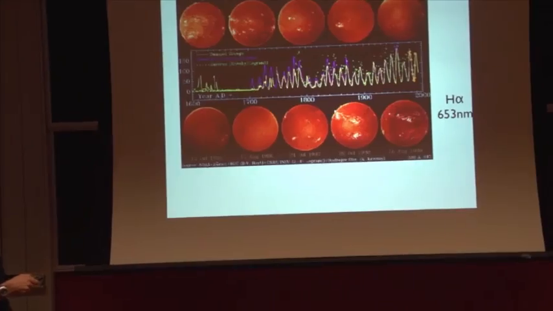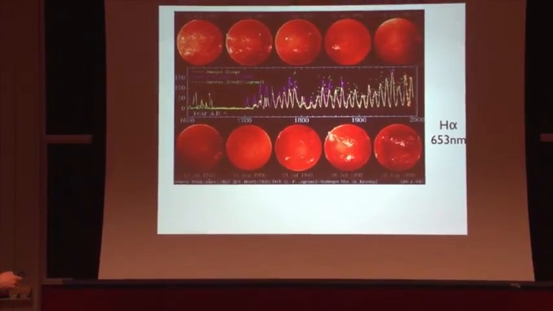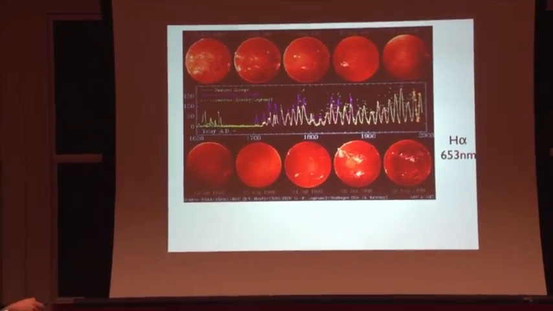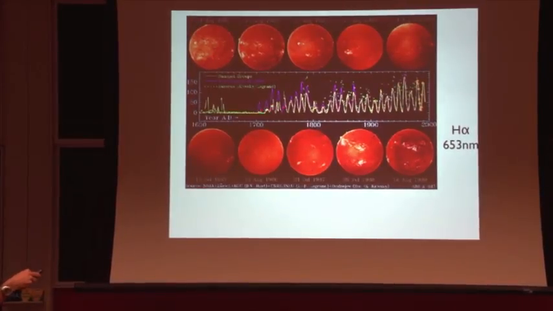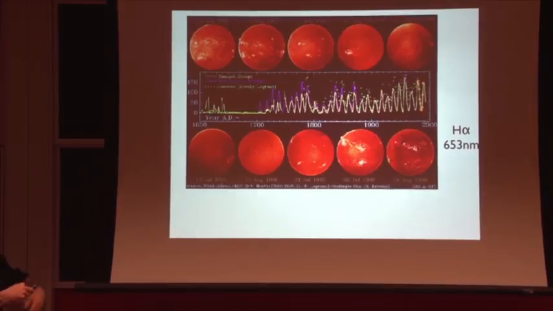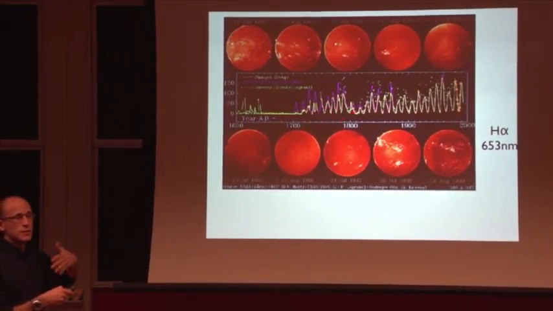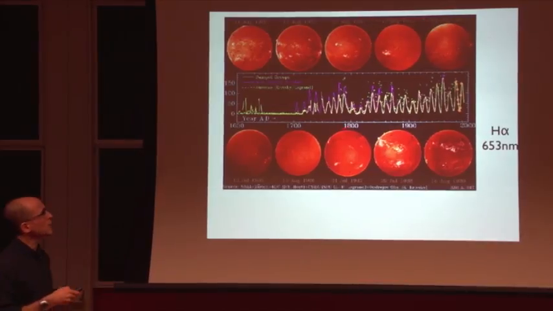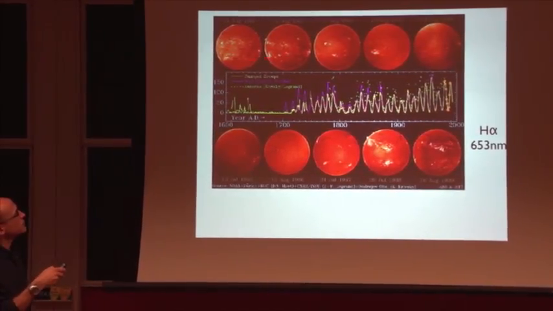This activity is also seen, of course, in H alpha, and it's measured coincident with sunspots. This is a sunspot history. As the sunspots increase, the activity correspondingly increases, consistent with magnetic fields popping through the surface.